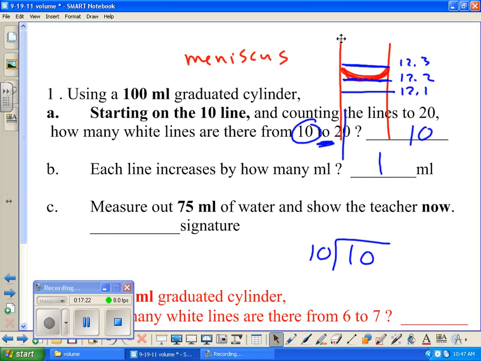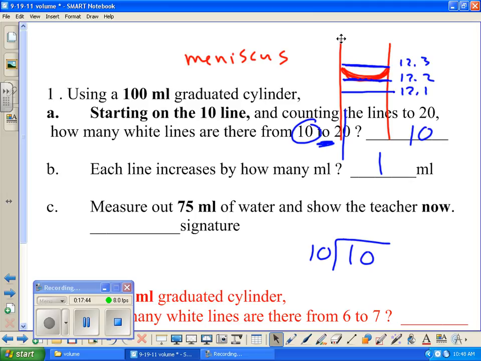Now what you are going to do by yourself, not with a partner, and it gets kind of messy, is you need to do 2 more graduated cylinders, the 2 smaller ones over there, and you turn to the second page, you need to do those 4 beakers behind Mrs. Fagan. You with me? And it's going to be the same kind of questions over and over.